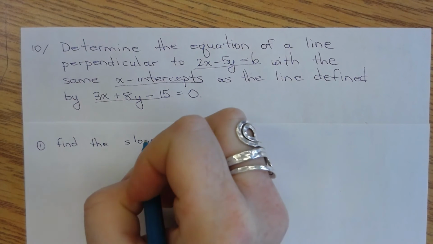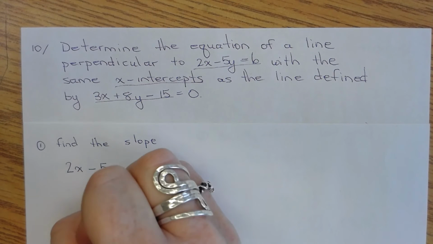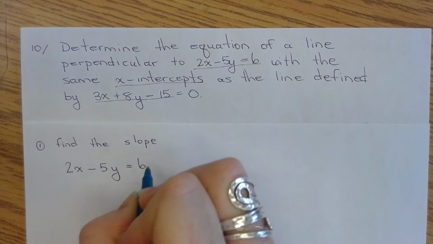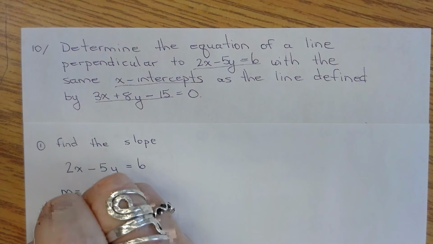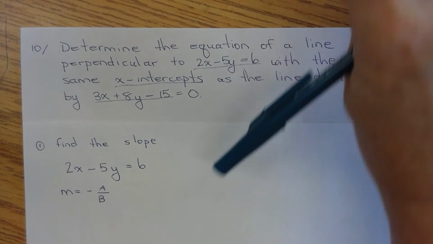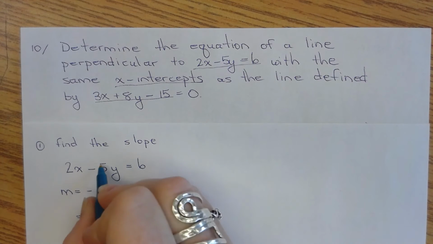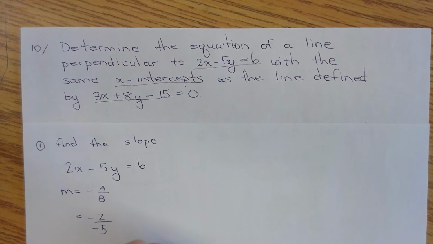We take 2x minus 5y equals 6, and we know that the slope of this line is equal to negative a over b. In this case, a is 2, so it's negative 2, and b is negative 5, so my slope is 2/5 because two negatives make a positive.